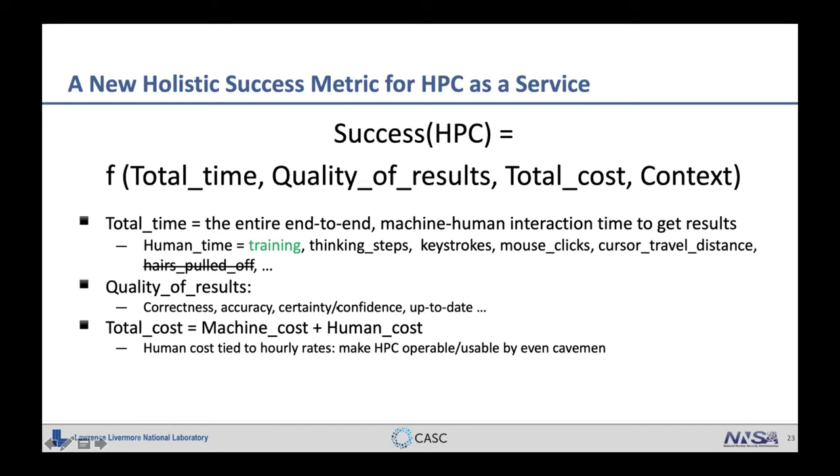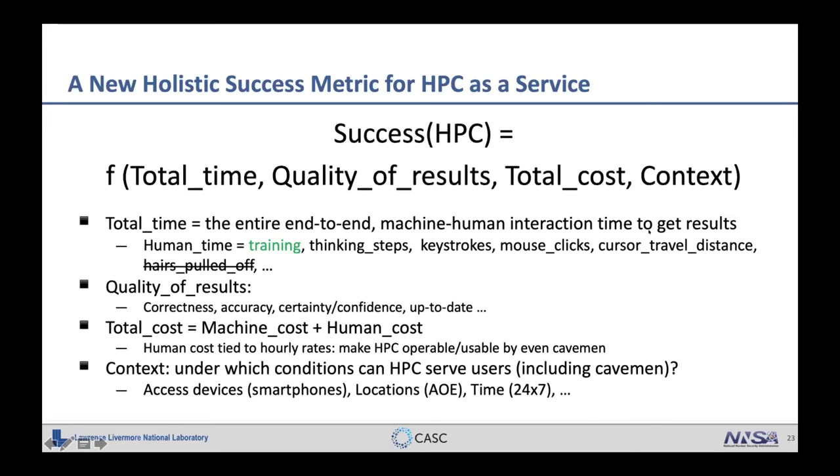Speed is not the entire picture. We have to consider correctness, accuracy, and certainty. And lastly, for HPC developers and researchers, we want our results to be easily accessible under all kinds of situations.